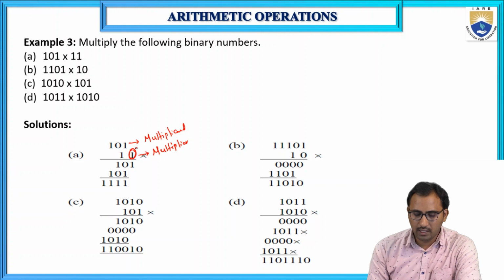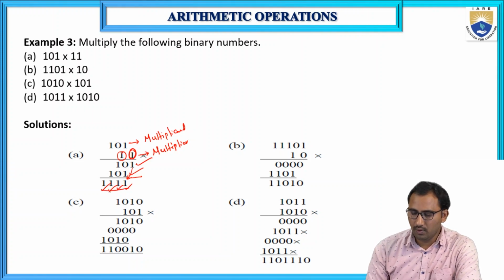If you multiply anything with 1, it gives the same number, so you will get 101. Next we multiply with another 1, so you will get the same 101. Now we add. 0 plus 1, 1. 1 plus 0, 1. Next 1. So this is the result.